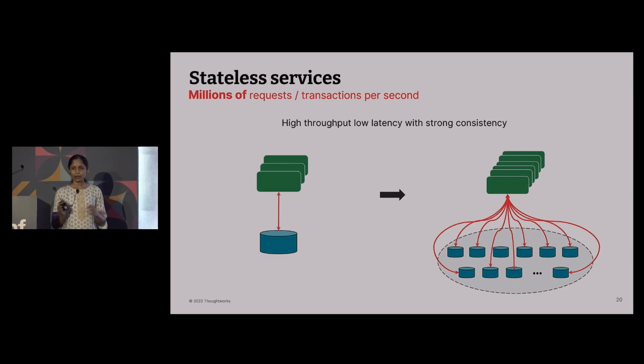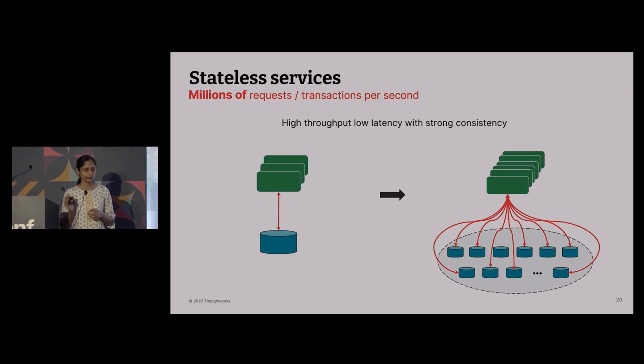Now, we talked about different services, right? Stateful services and stateless services. For stateless services, of course, the processing layer itself can be scaled to whatever number you want. However, with the processing layer changes, the load on the database will increase, and the database associated with that service, we talk about it as architectural quantum, right? The service and its database are part of an architectural quantum.